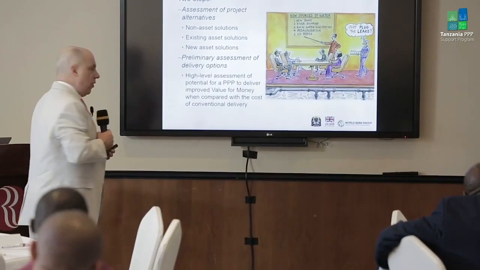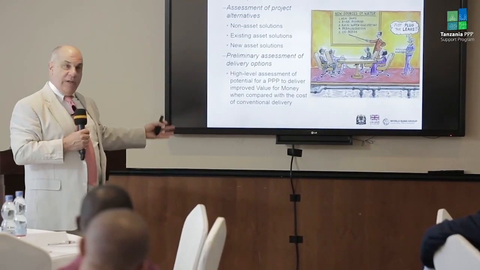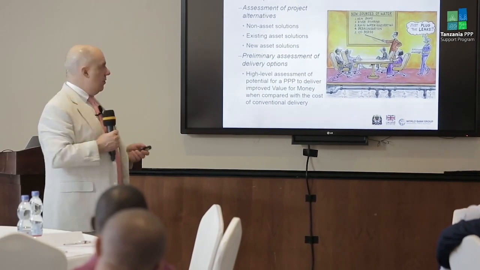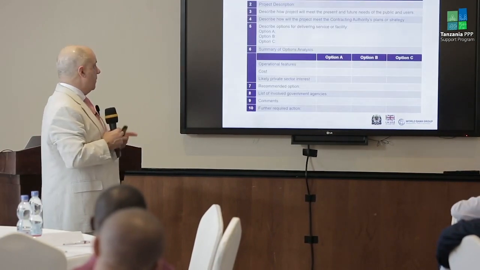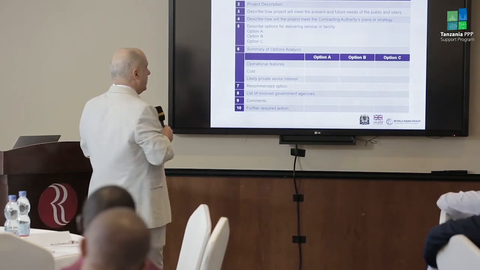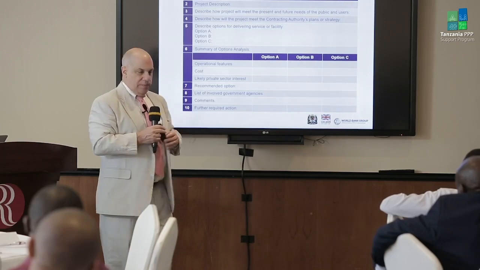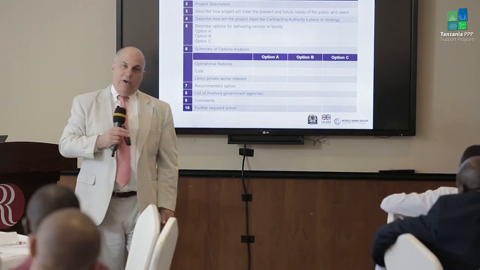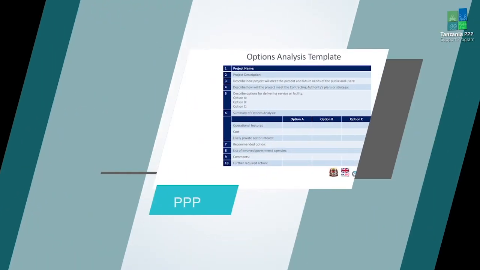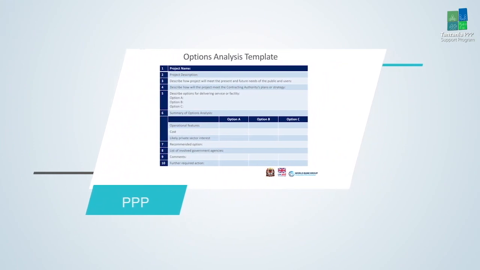All right? So part of our screening is looking at what the possible options could be to deliver that. So this is something you may use. It's just a simple description of what we call an options template. And of course, you start out with what the name of the project is. It's described. Here's our needs issue, which is always very important.